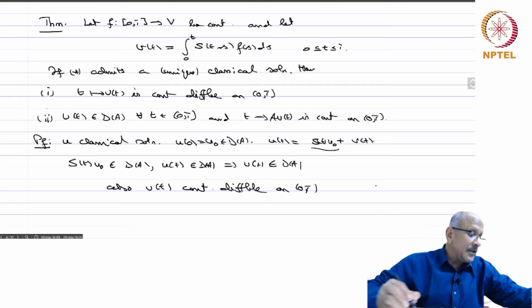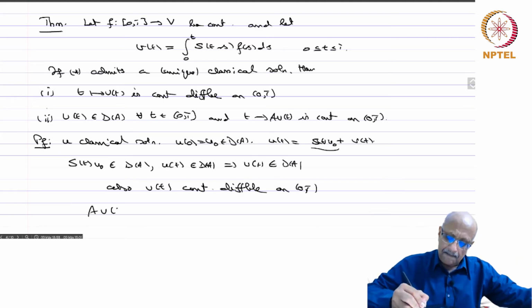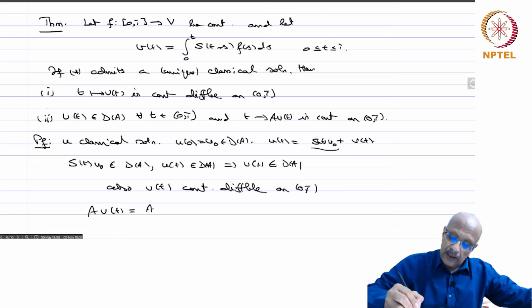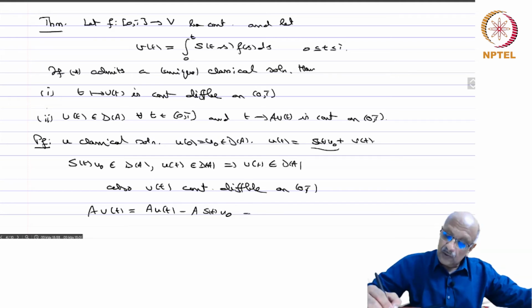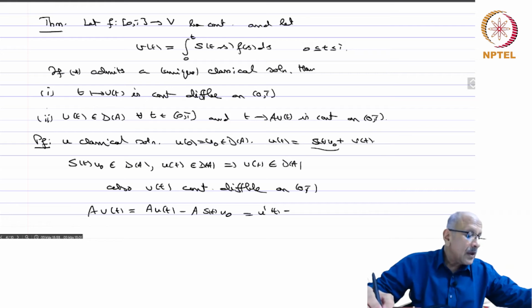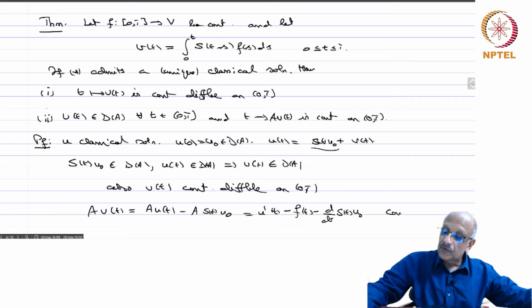And now finally we have A of v(t) is equal to A of u(t) minus A of S(t) u0, and that is equal to u dash t minus f(t) minus d by dt of S(t) u0, and this is continuous.